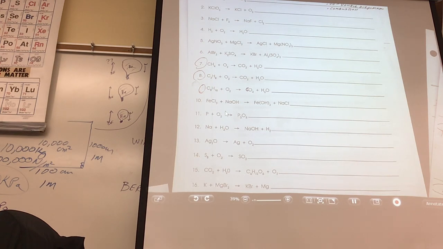You guys are picking up on this pretty fast. If you need to rewrite the equation, that's why they gave it a big blank there. If you need to rewrite it, there's a little more space.